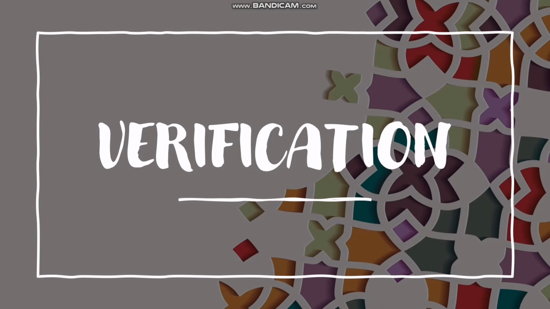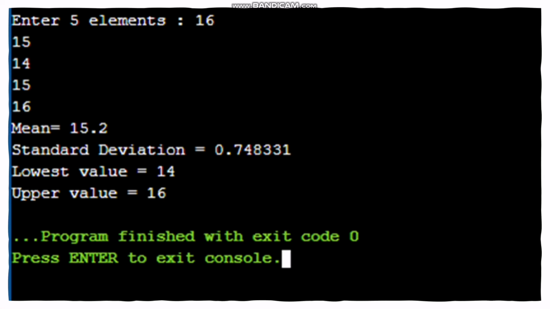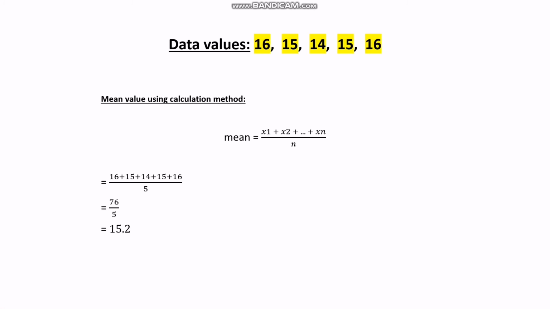Okay, now we are going to see the verification step of the output we get in testing. This is the example of the output we get in testing. The data values are 16, 15, 14, 15 and 16.